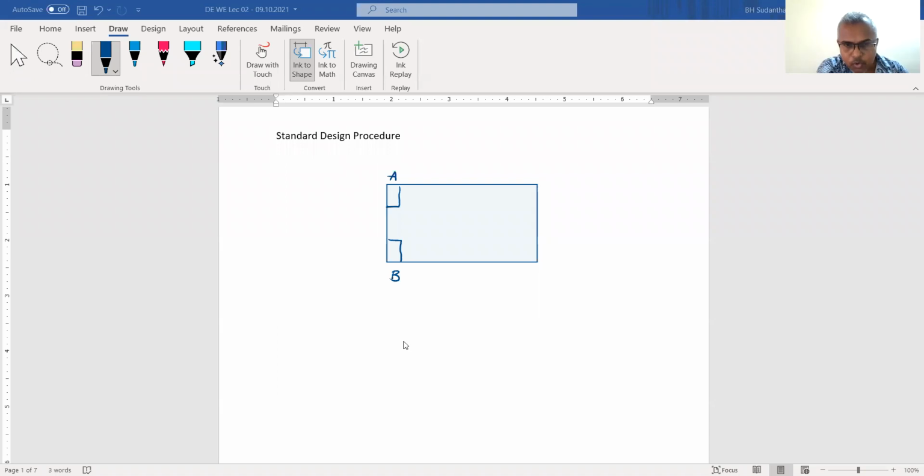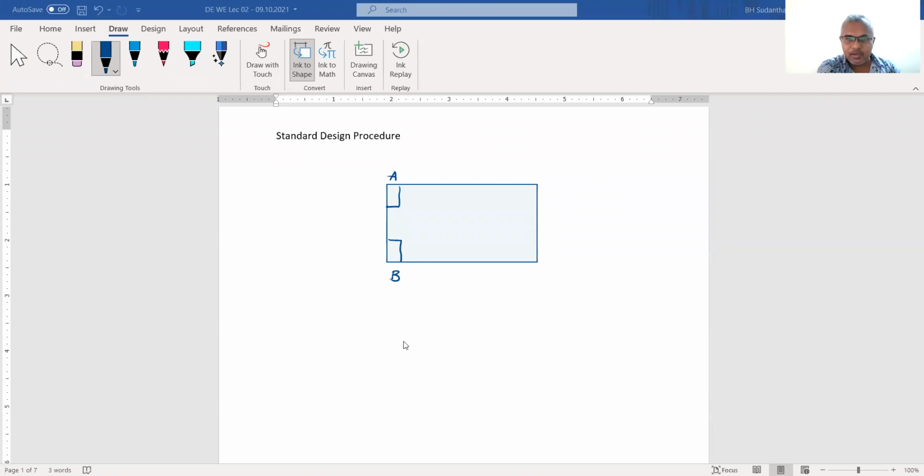Here we have two doors. It's a small room, and we have two entrances, two doors, and we have fixed two door sensors there. With that, you can identify whether a door is open or closed. Then the owner of this room is coming to you and telling that he wants to make a security system for this room.